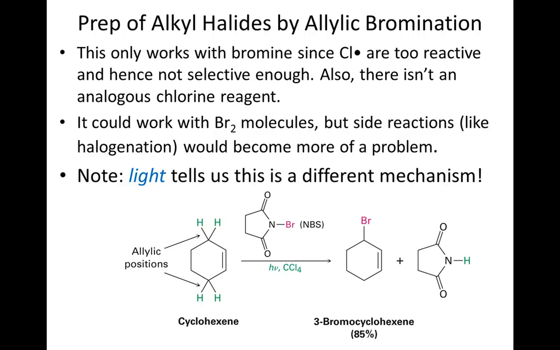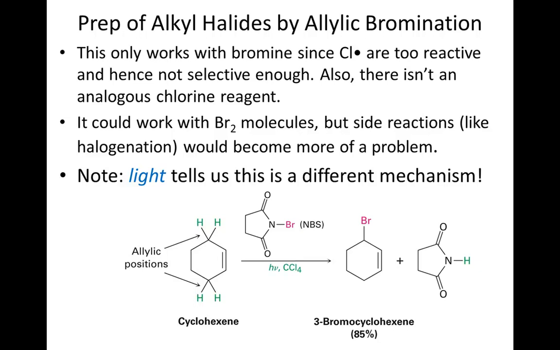Now that you know what we mean when we talk about an allylic position, we're going to talk about how we can take advantage of that. This reaction is only going to work with bromine because chlorine radicals are too reactive. If you recall, the strength of a chlorine-chlorine bond is more than the strength of a bromine-bromine bond, and that means the radical that you create if you break the bond homolytically is not as stable.